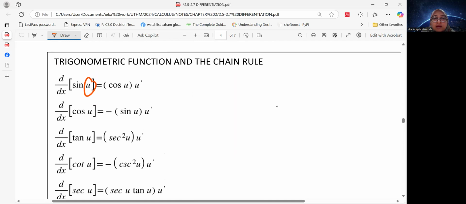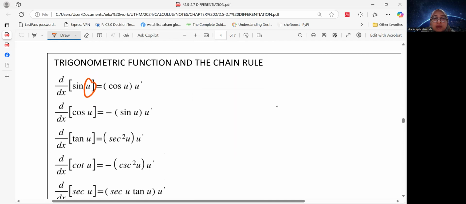When we encounter the question like this, we have to use the trigonometric function and the chain rule. So d over dx sin u will be cos u times u prime. So maksudnya kita differentiate this part, kita dah tahu sin x akan dapat cos x. So kalau sin u akan dapat cos u. Tetapi u ni kita kena lihat apakah nilai u kita. So u tu kita perlu differentiate kan.